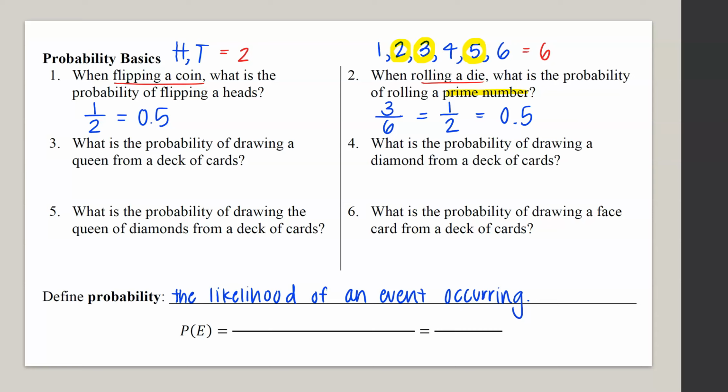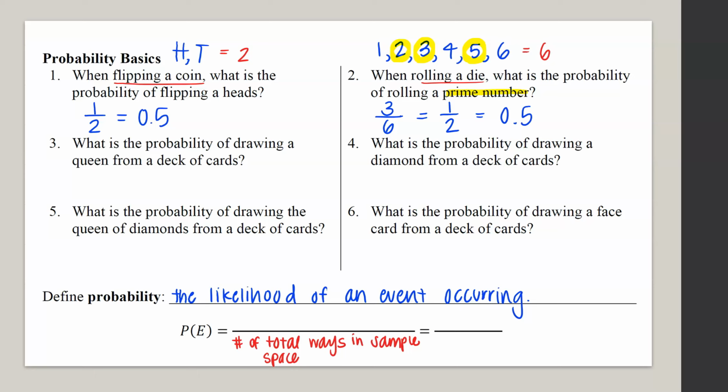So in the denominator, what we're always finding is the number of total ways in a sample space. And our numerator would be how many ways that particular event that we're looking for can occur.